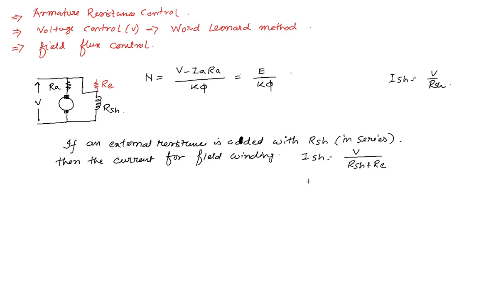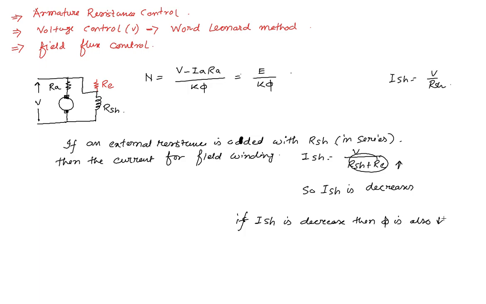It means that ISH decreases because this part increases. So as RSH plus RE increases, then ISH decreases. If ISH decreases, then phi also decreases because I is proportional to phi.